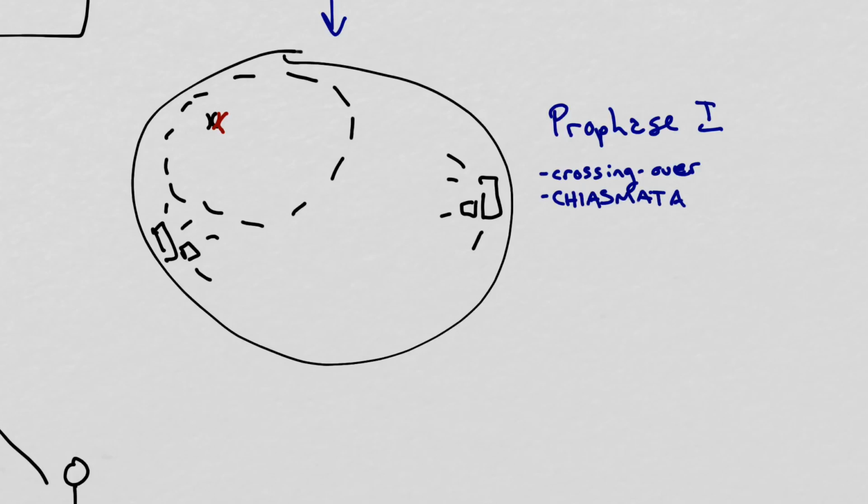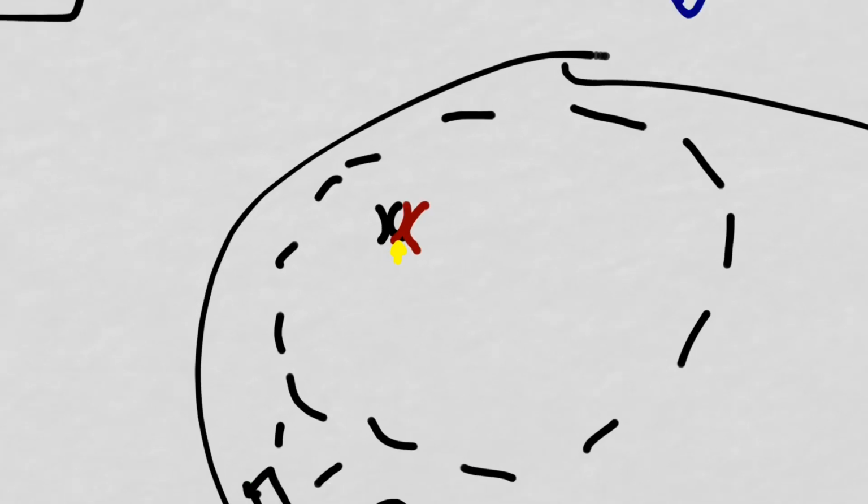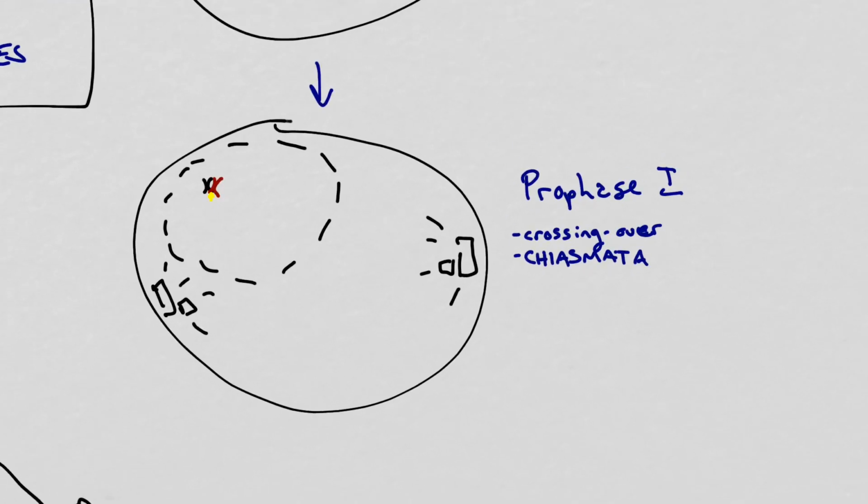A chiasmata is the place where the crossing over has happened. So if I was to zoom in really close on mine here, my chiasmata would be right here. Chiasmata are where these chromosomes have joined together. I didn't write that definition down. You might want to pause the video and record that.